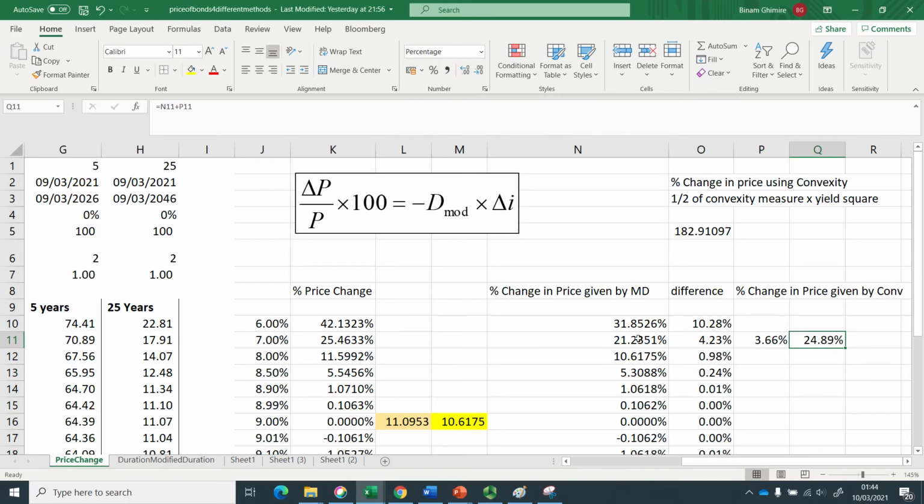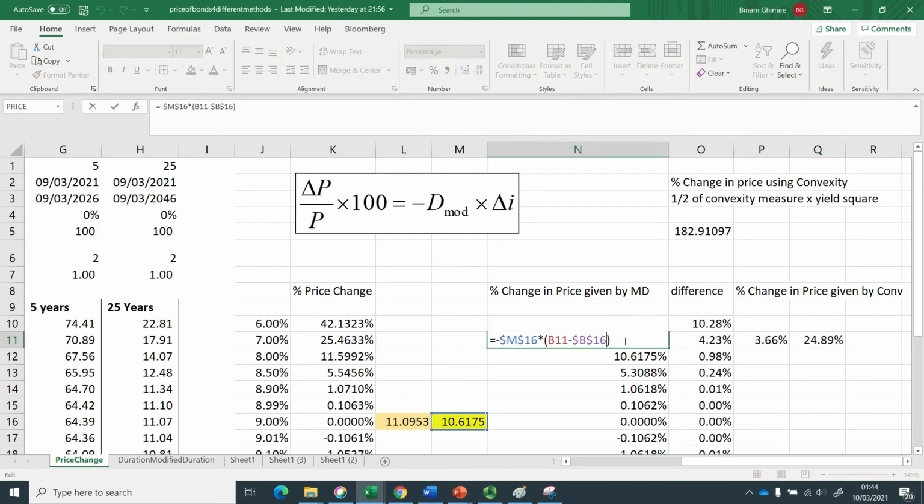But remember, something that I computed here, I should have computed it as minus. It's B11 minus B16 that I have done, whereas B16 is the yield, which is 9%.